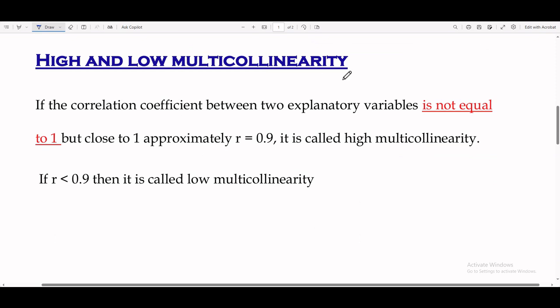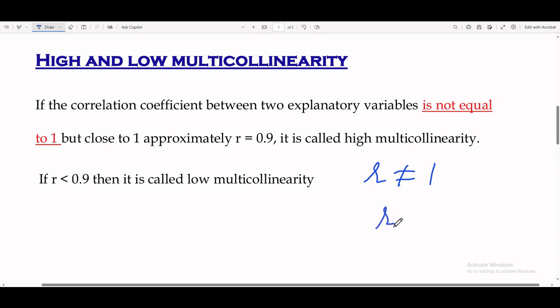High and low multicollinearity. If the correlation coefficient between two explanatory variables is not equal to 1, it means there is multicollinearity, but of the high or low type.